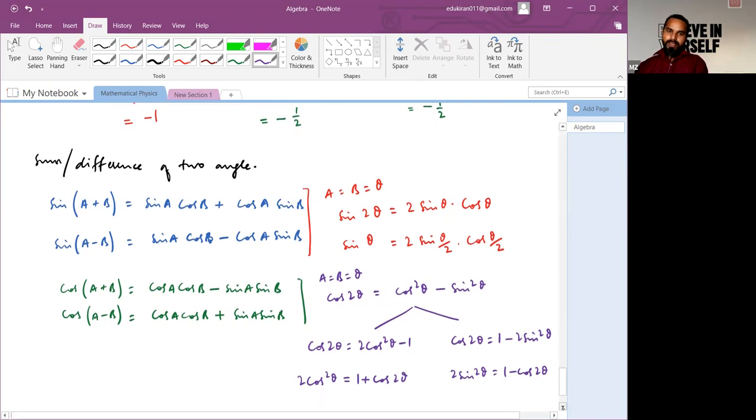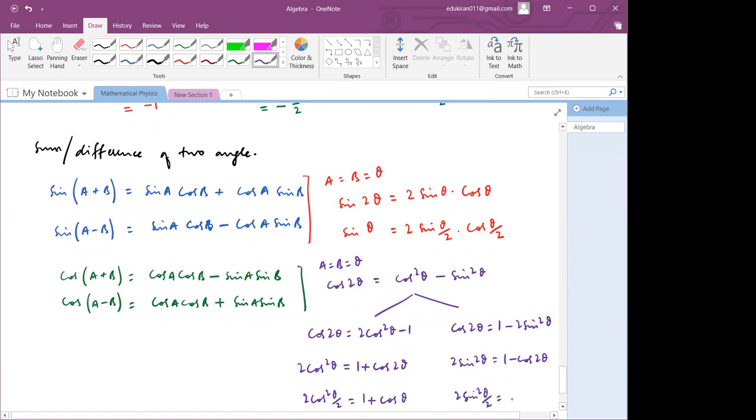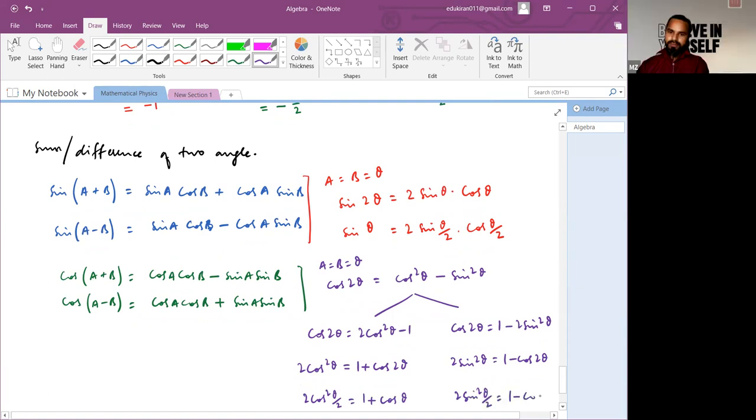So similarly, we can write this particular term as 2 times cos square theta by 2 is equal to 1 plus cos theta, or 2 times sine square theta by 2 is equal to 1 minus cos theta. So remember this part and this part.